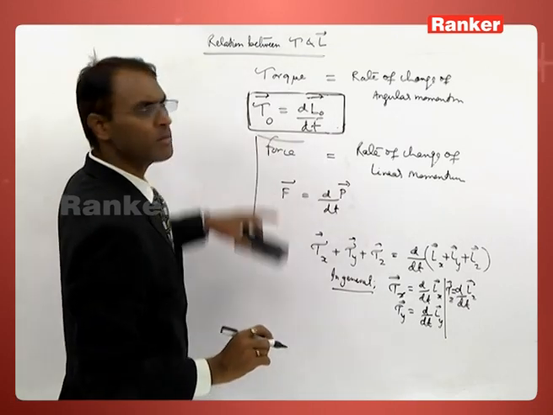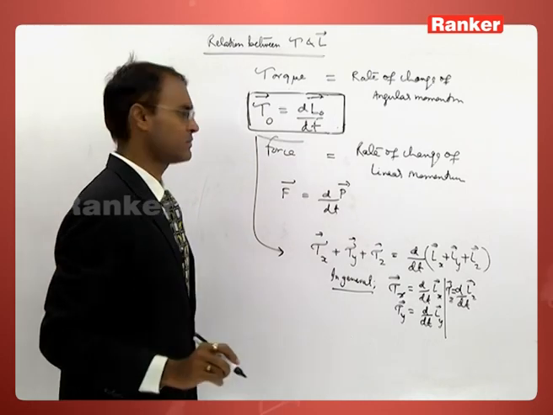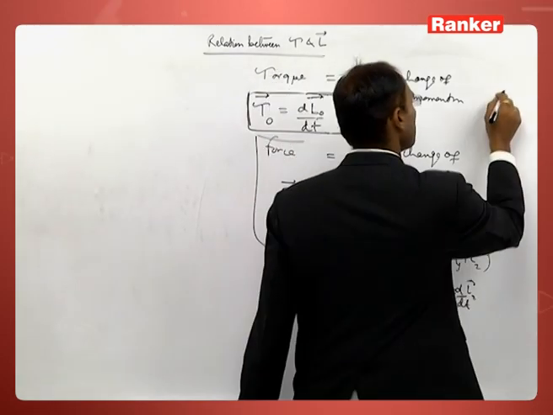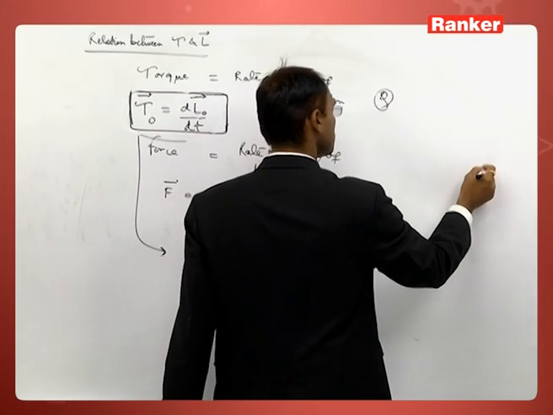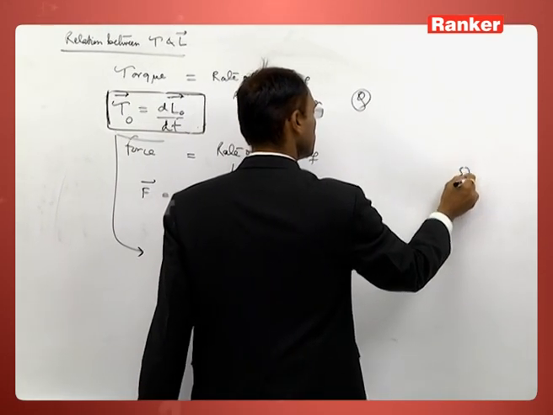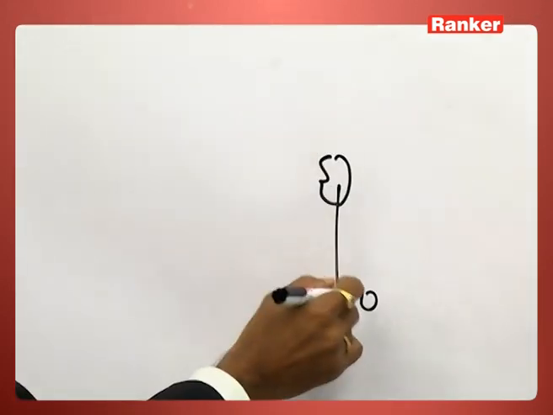We need to verify this formula by taking suitable examples. The example number 1 is the falling mango with velocity v.